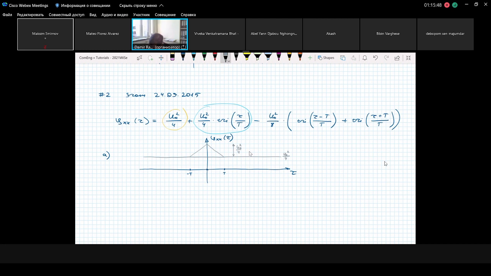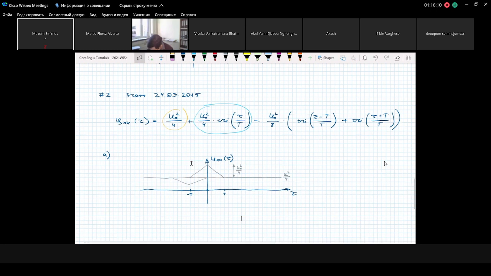I will use the DC part as a baseline. Maybe I use more space to make it better.